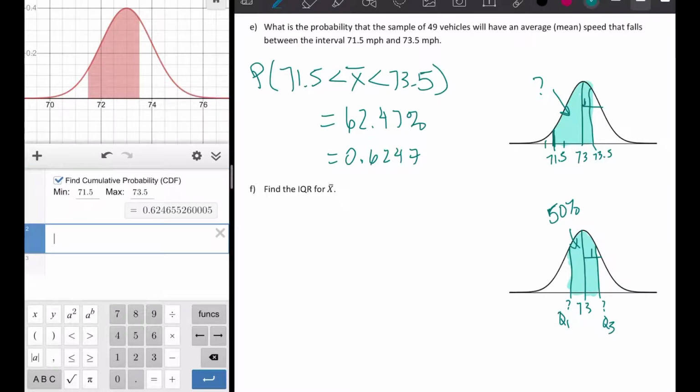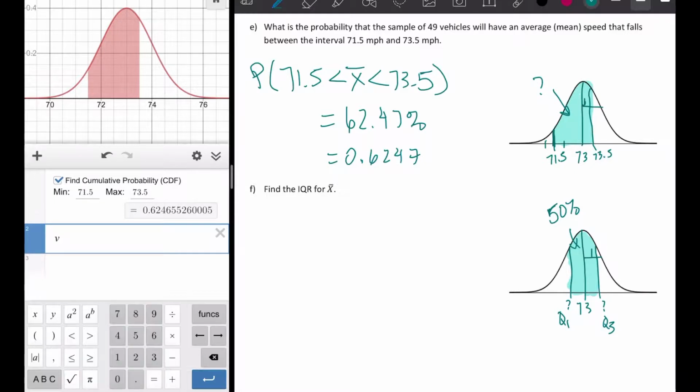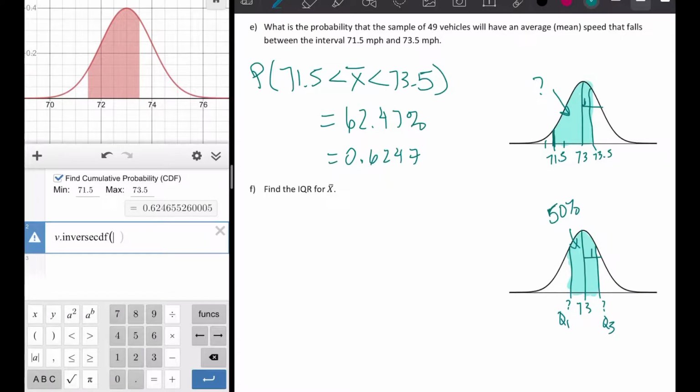Then I'm going to say V, then dot, and then the functions button, and then inverse CDF. And then here comes the inverse part. In a minute, I need to type in a percentile.